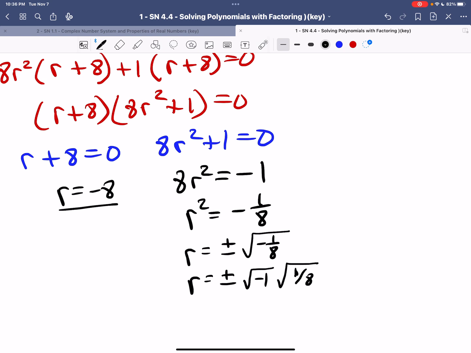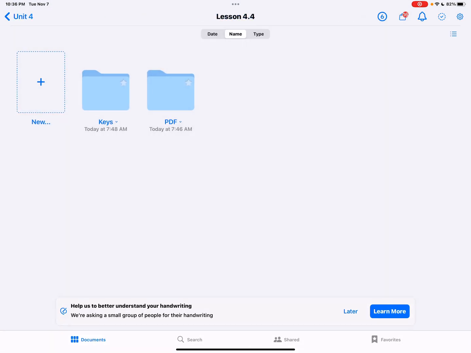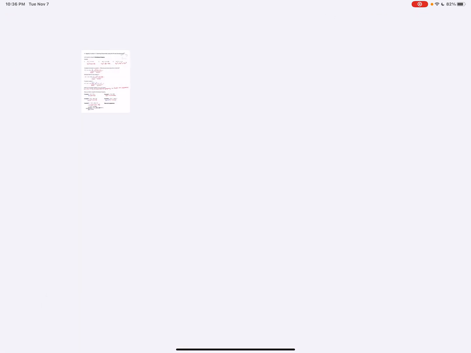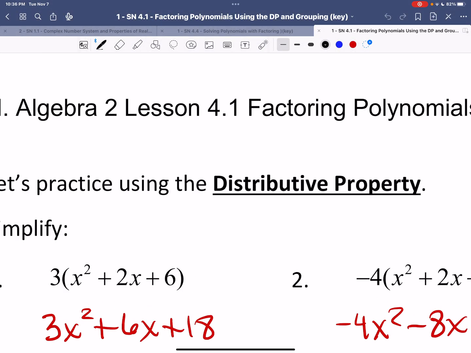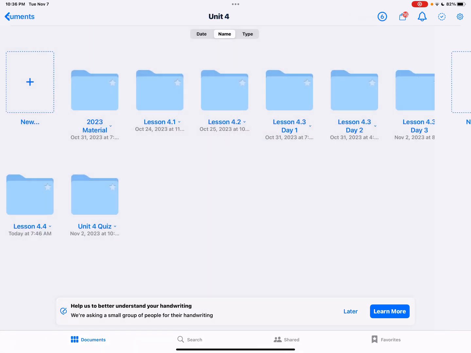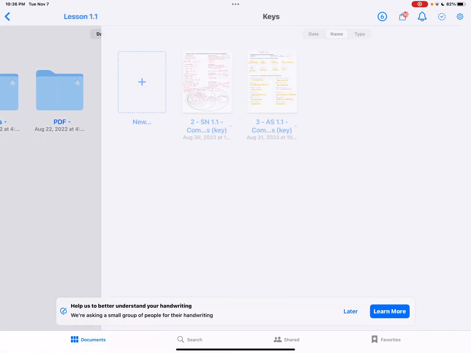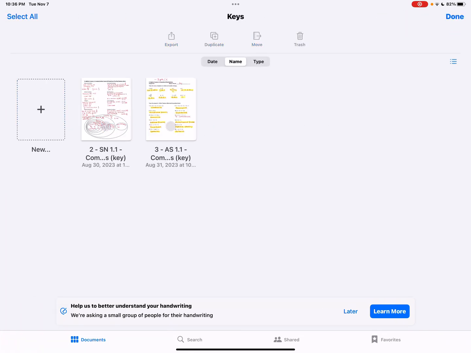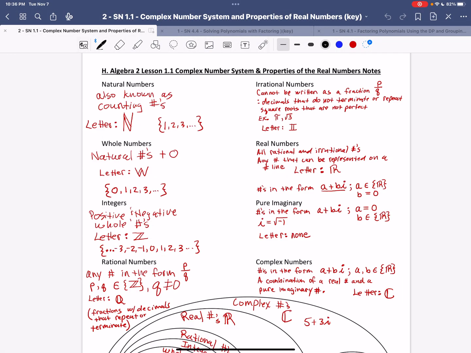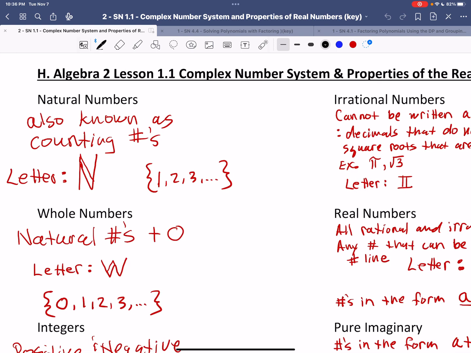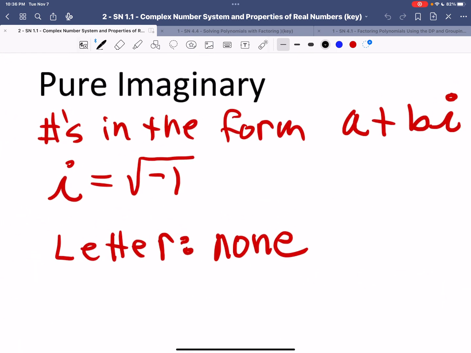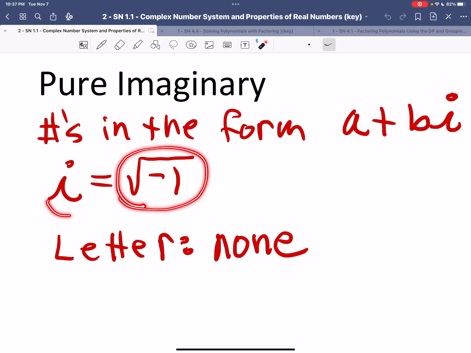And we're going to do that because I know you don't remember this, but way back in Unit 1, on the second day of school, we did notes. Oops, that's Unit 4, sorry. So Unit 1, Lesson 1.1, when we defined imaginary numbers, we said that the square root of negative 1 was i.